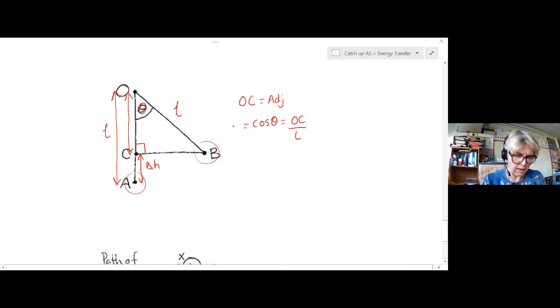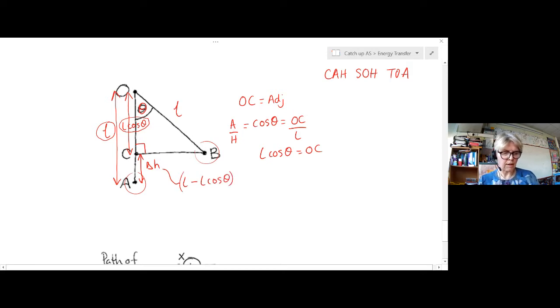Remember CAH, SOH, TOA. So cos is adjacent over hypotenuse, OC over length. So L cos theta equals OC. So this part here is L cos theta. So all I have to do now is take L cos theta away from L to find my change in height. So I get L minus L cos theta.